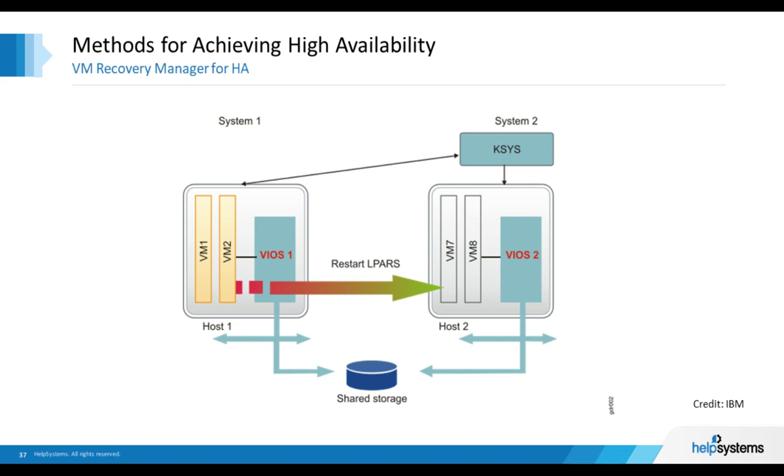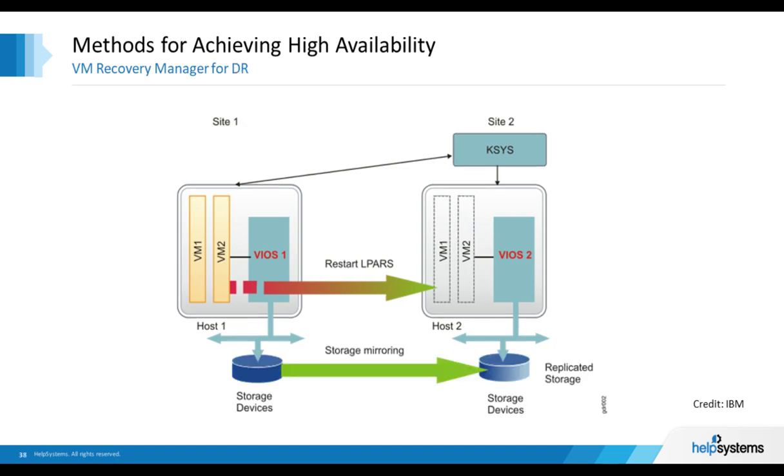The KSYS is considered the orchestrator in effect, provides a single point of control, and is typically deployed at the backup site. Shared storage is also a prerequisite here. So this is block level replication, enabling you to move VMs from one host to another, and really should be considered as planned with LPM or unplanned hardware outages, again in the data center. So that's VM Recovery Manager for HA.